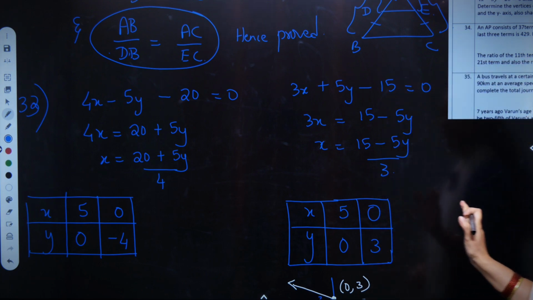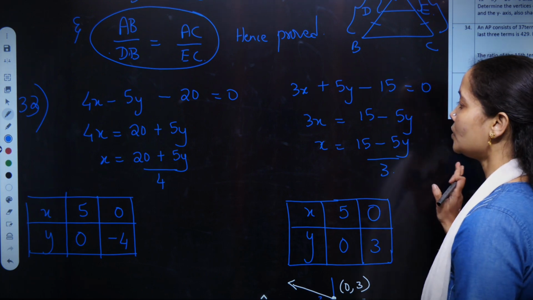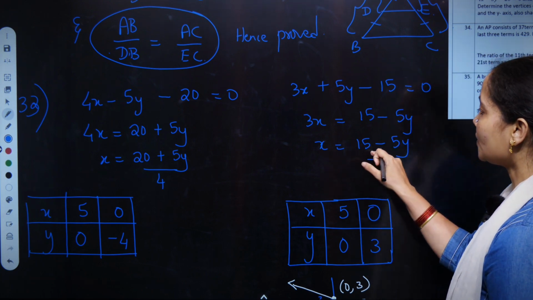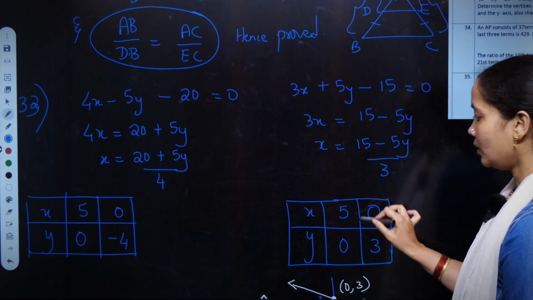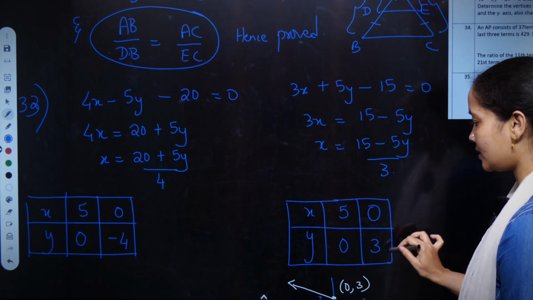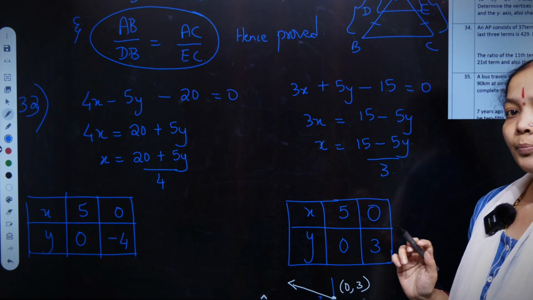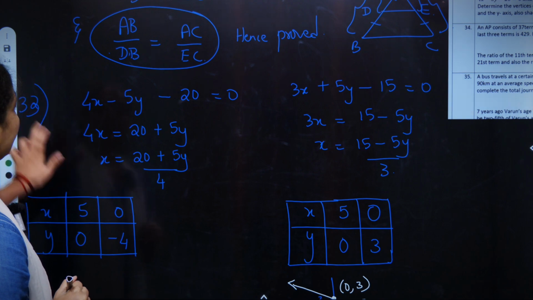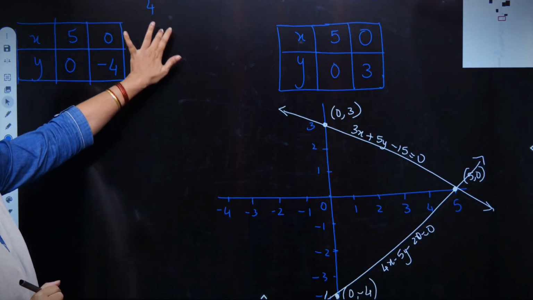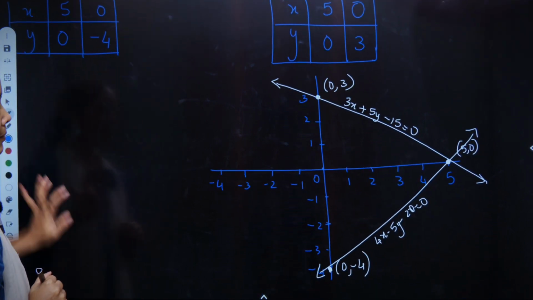Considering the second equation, 3x plus 5y minus 15 equal to 0, hence x was equal to 15 minus 5y by 3. When I considered y as 0, x was 5. When I considered y as 3, x is 0. 2 points are enough for us to draw a graph, hence representing this system of equations in a graph and marking them.